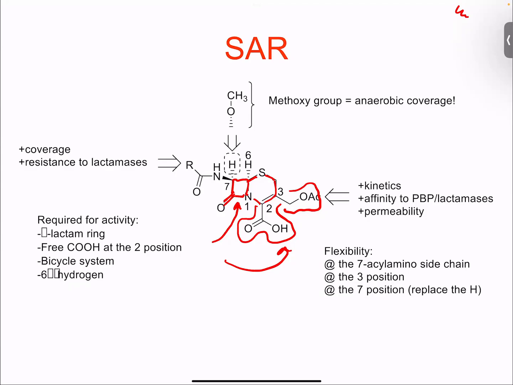A lot of basicity coming off that 3 position also helps to decrease affinity for some of the cephalosporins to certain beta-lactamase enzymes. So it decreases the affinity of the drug as a substrate for hydrolysis reactions from the beta-lactamases. The other thing that you'll note with some of the derivatives, depending on the substituent at the 3 position, is that you can largely influence the kinetics of the drug.